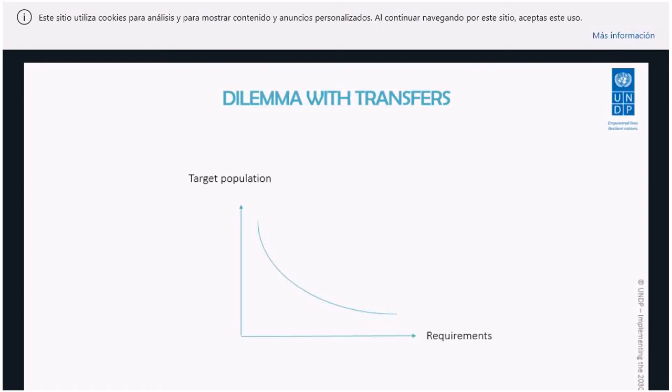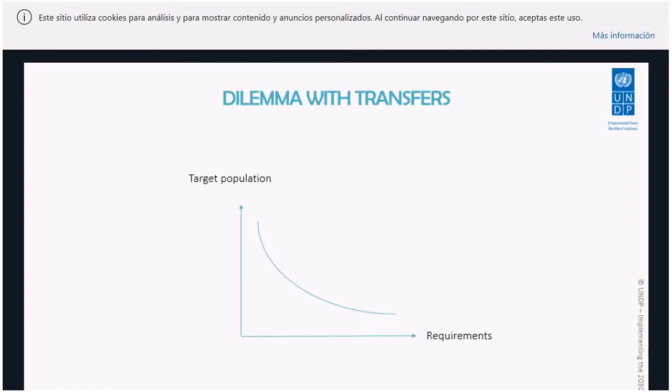Who should receive transfers? That is a basic question. Who in the population? Is it only the poor population? If it is only the poor population, that is quite straightforward. Let's mention again the case of, I don't know, Guatemala, for instance, which is a country with a poverty rate of about 45 or 50% of the population.